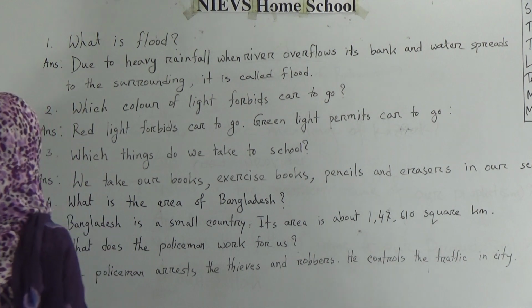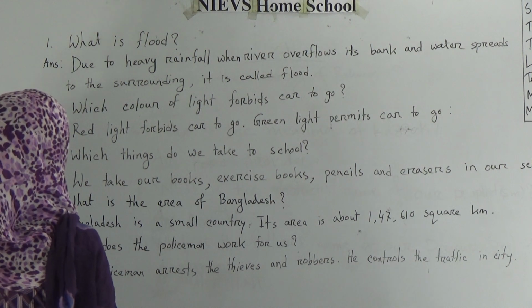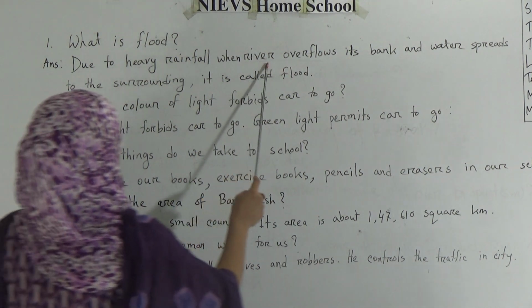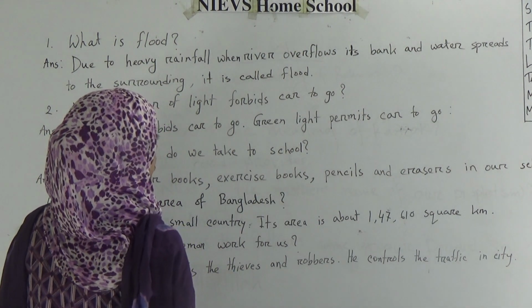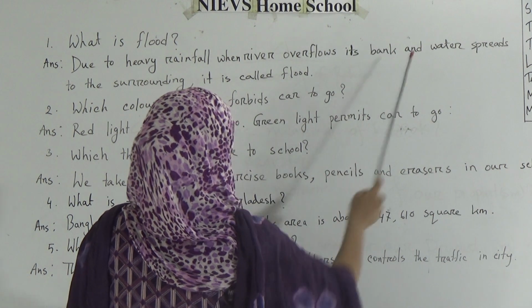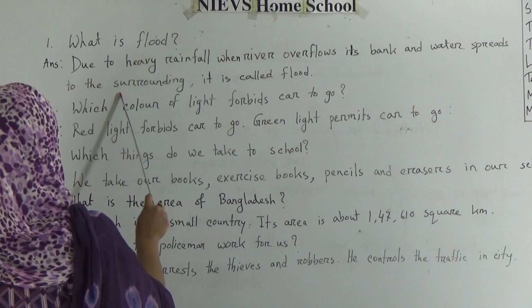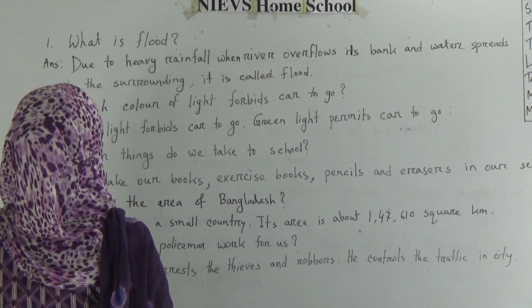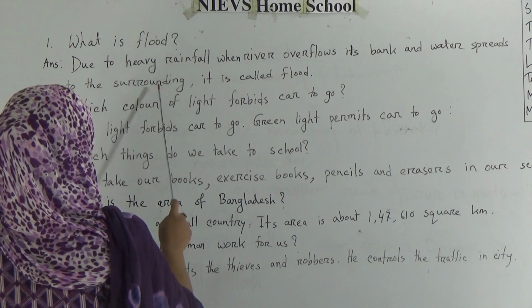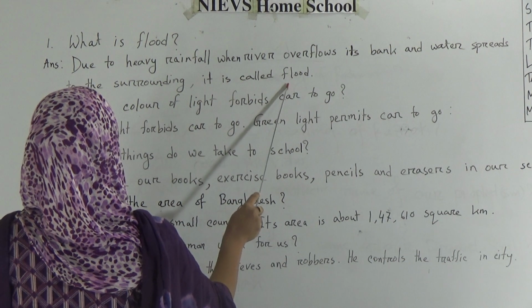You know, in our country during rainy season we can face heavy rainfall and due to this rainfall our river overflows with water and its bank, and water spreads to the surroundings of the village and some places of the country go under water. This is called flood.